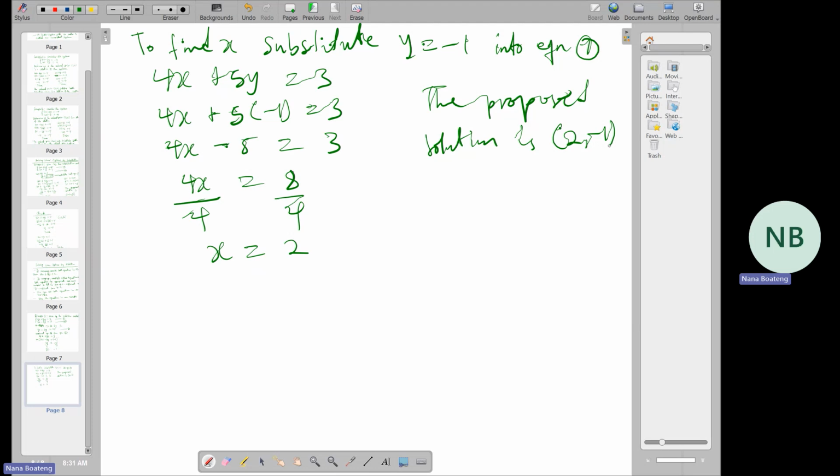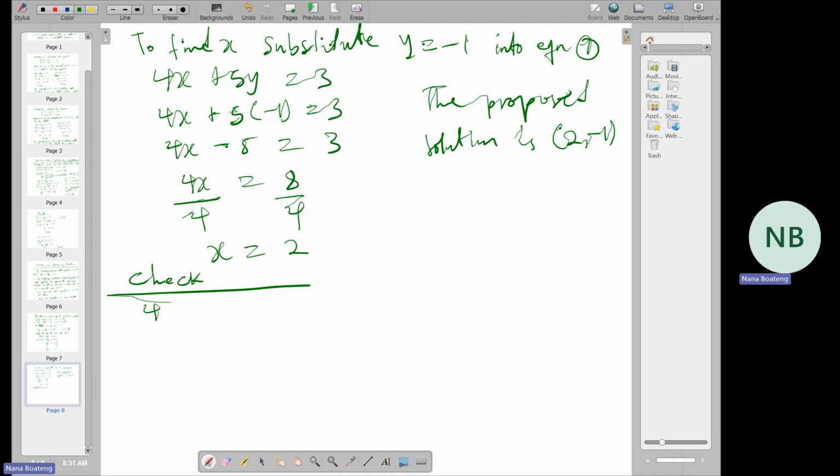So let's check whether the solution is correct or wrong. All right, so let's substitute the values of x and y into the first equation.